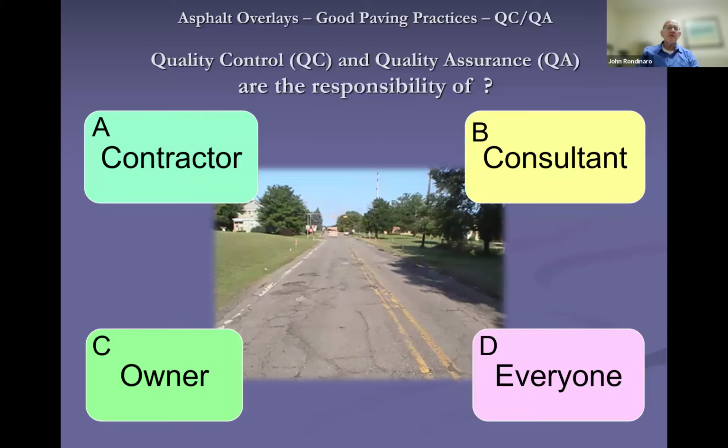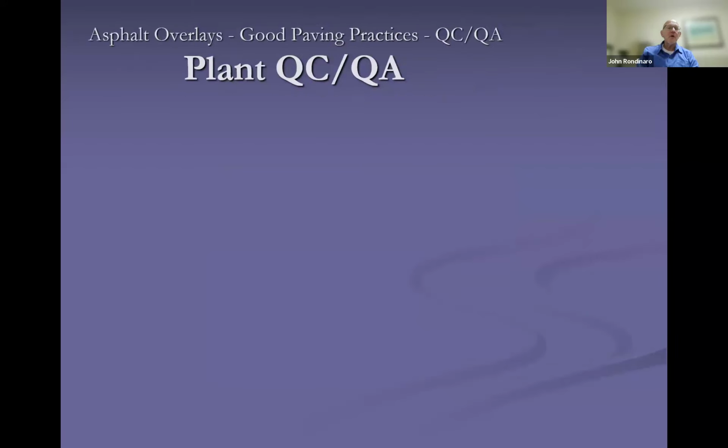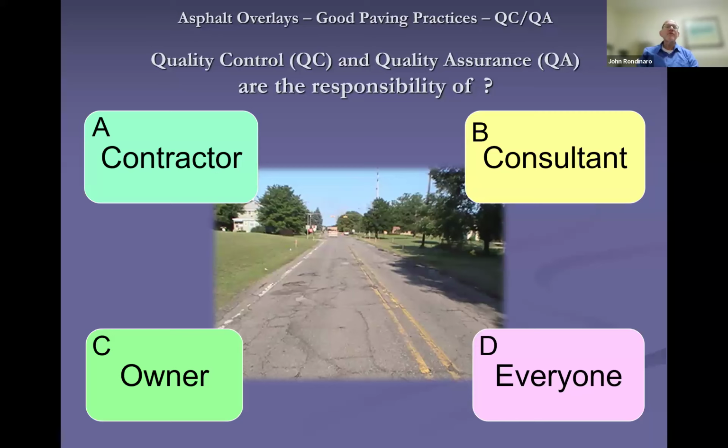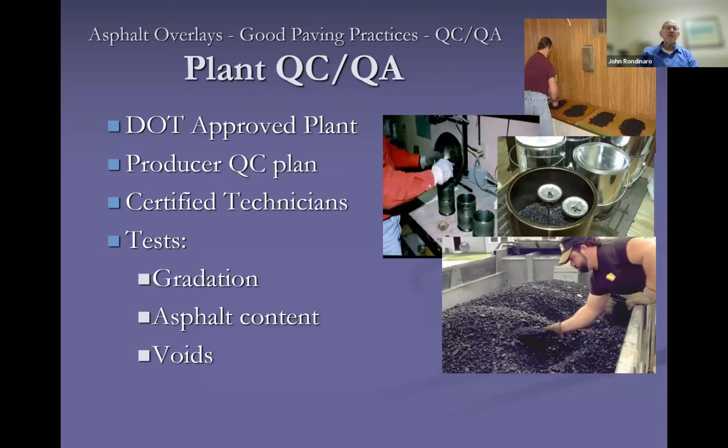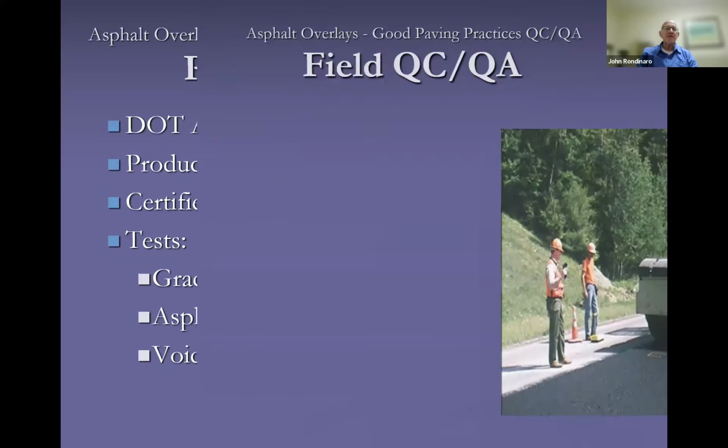And then in terms of quality control and quality assurance, everybody's responsible for it. It's not just a contractor, it's not just a consultant, it's not just the owner. Everybody is responsible for QC/QA. In the plant, you're going to be having a bunch of primarily QC done. We're moving away from QA. DOT is moving away from QA in the plants.